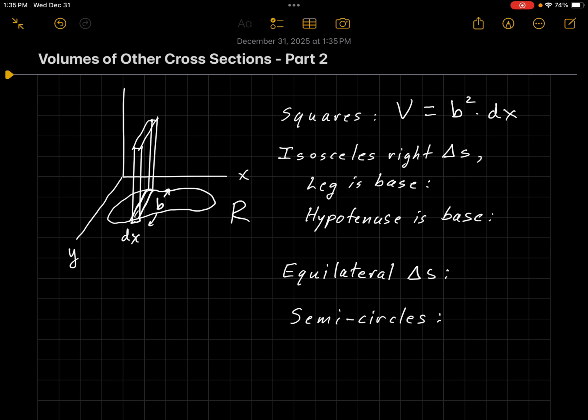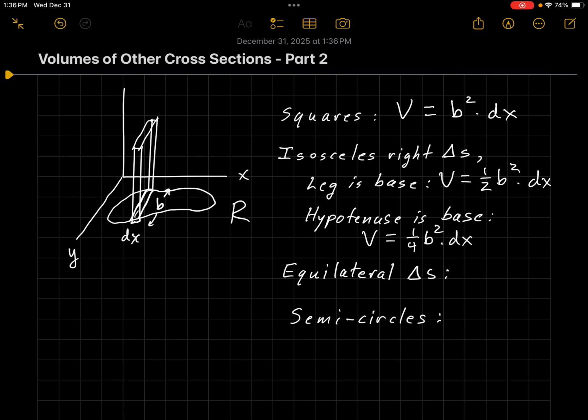For isosceles right triangles, where the leg was the base, the volume of one cross-section was 1/2 of a square times dx. For an isosceles right triangle whose hypotenuse was the base, the volume of one cross-section was 1/4 of a square times dx.